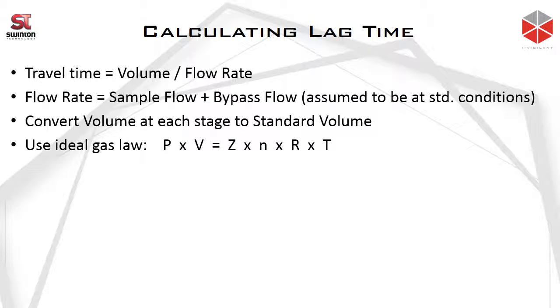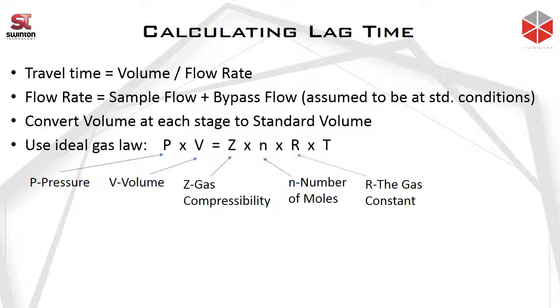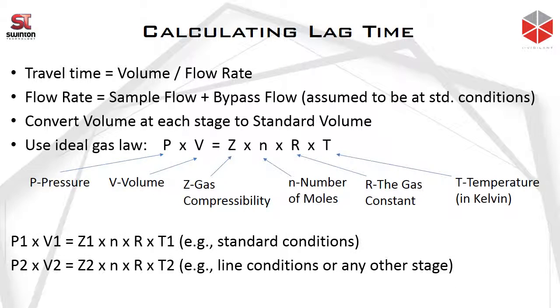To do that, we use the ideal gas law, which I'm sure most of you will be familiar with. So we can express this ideal gas law at any conditions we like. So for example, first of all at standard conditions, where P1 is standard pressure, T1 is standard temperature. And then at line conditions or at any other stage having a different pressure and temperature.